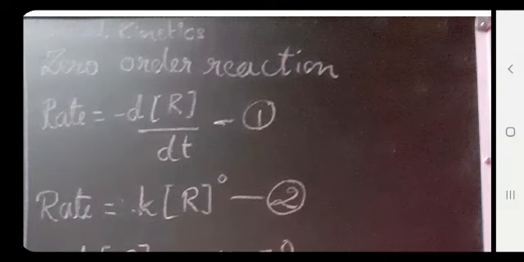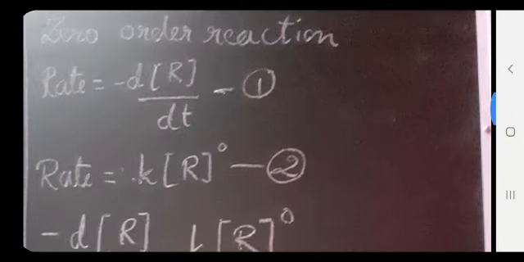In the case of zero order, the rate of reaction is not dependent on the concentration of reactant. For the rate of reaction it can be written as rate equals minus d[R]/dt, where the minus sign indicates the decrease in the concentration of reactant, and the small d indicates the small change in concentration of reactant or time.